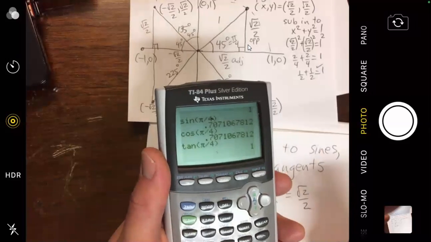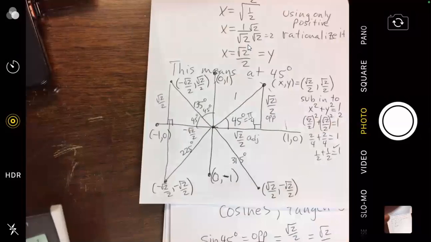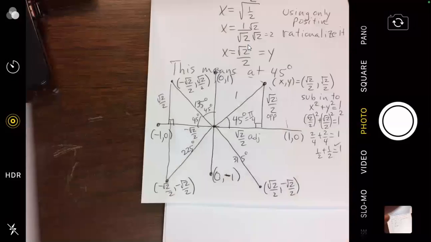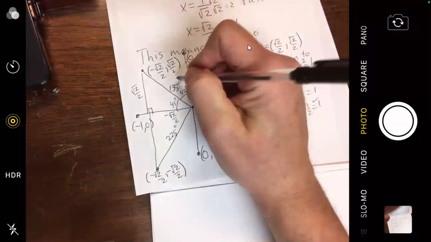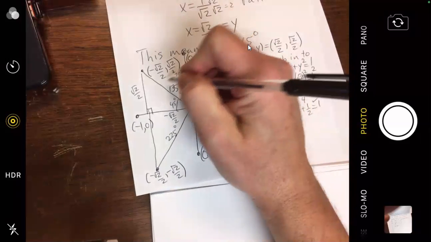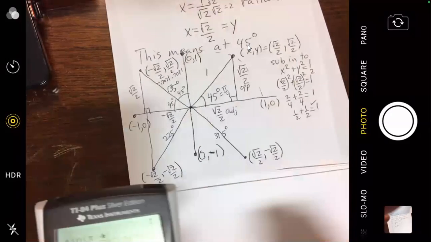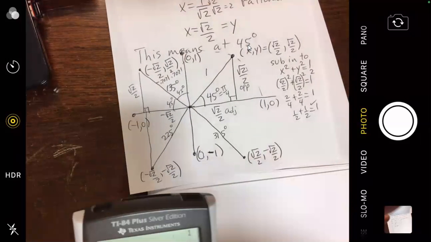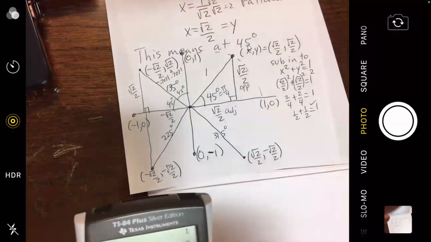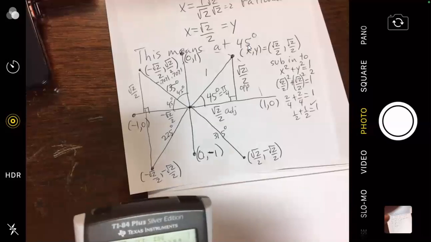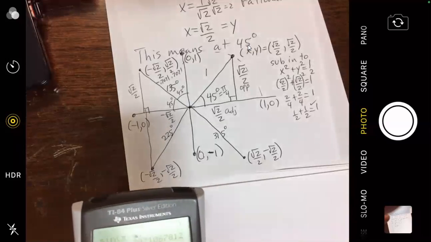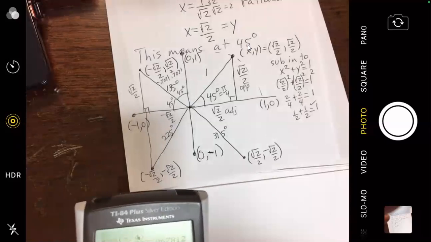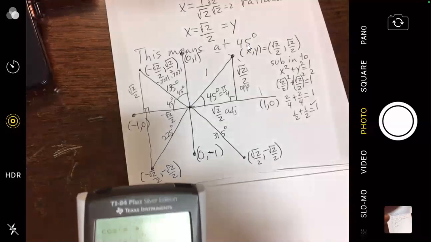If I go to other quadrants, look at 135 degrees. Keep the same picture up. This is 0.7071. This should be negative 0.7071. Let's go back to degree mode and punch in 135 degrees. So mode, back to degree mode. So if I punch sine 135, there's my positive 0.7071.